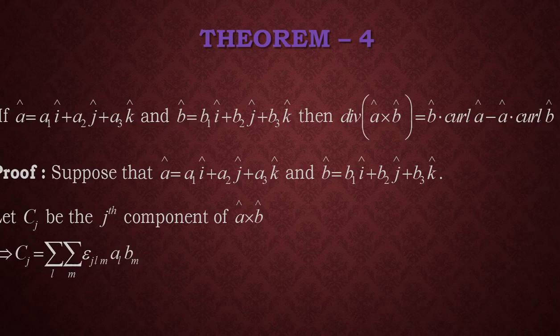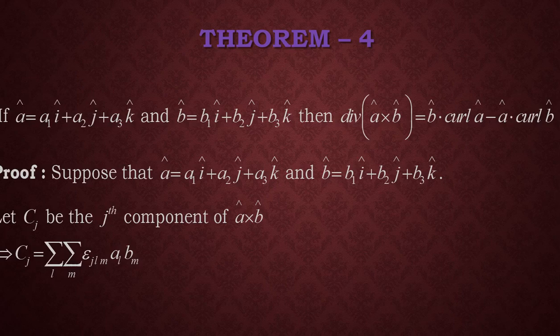If we expand this determinant with respect to the first row, we get A2 B3 minus A3 B2 times I cap minus J cap times A1 B3 minus A3 B1 plus K cap times A1 B2 minus A2 B1.